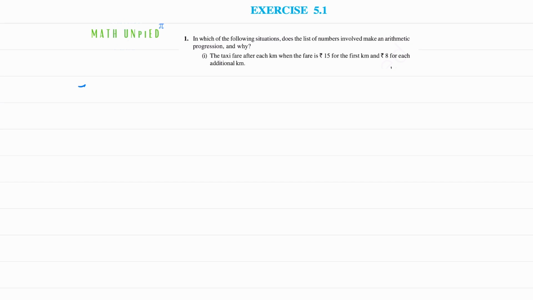So fare for 1 kilometer, that's the first kilometer, equals 15. Fare for 2 kilometers will be 15 plus 8 equals 23.